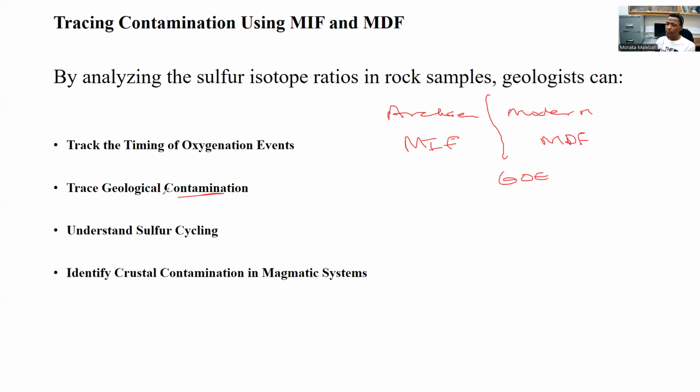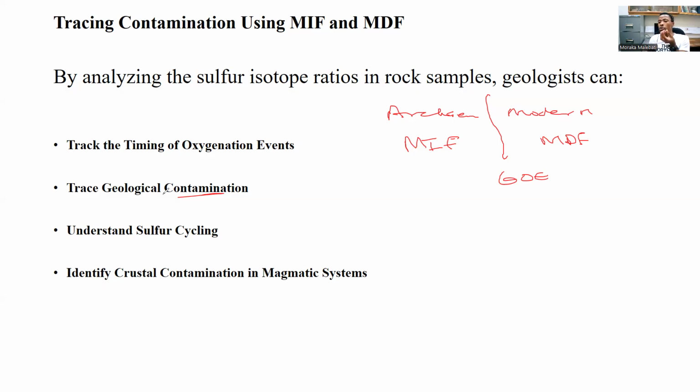But they will also be good for identifying crustal contamination in magmatic systems. Because in certain circumstances, magmatic rocks that interact with sulfur-bearing sediments or rocks from the Archean can incorporate sulfur with MIF signals, like I've explained.